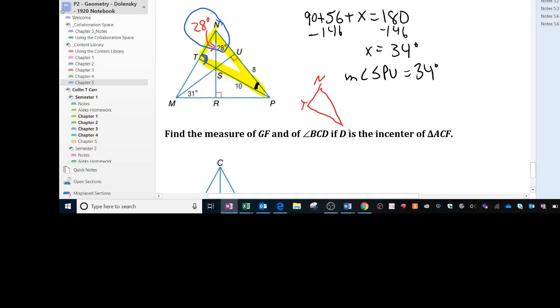NTP. You sure? Yes, STP. Yeah. Okay. All right.